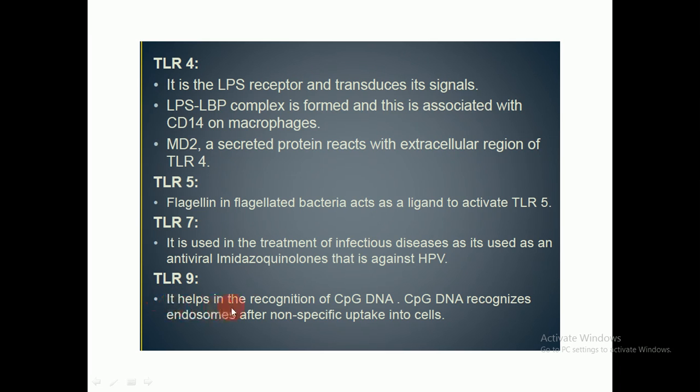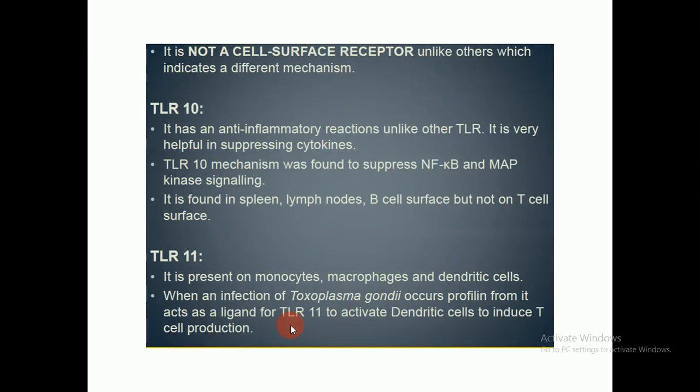Toll-like receptor 9 helps in the recognition of CpG DNA in the endosome after non-specific uptake into the cell. Toll-like receptor 10 has an anti-inflammatory reaction. Unlike other toll-like receptors, it is very helpful in suppressing cytokines.